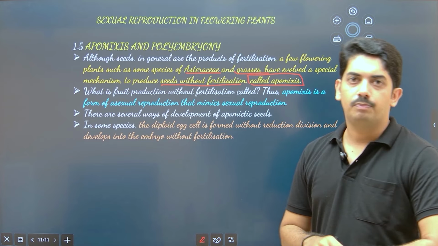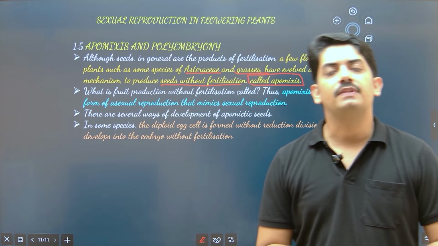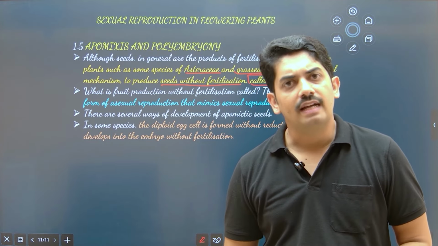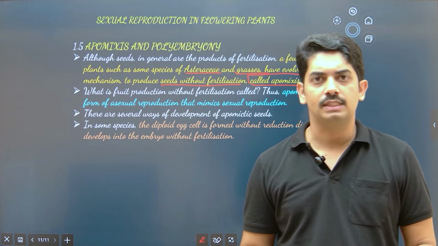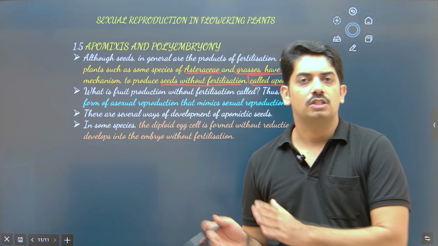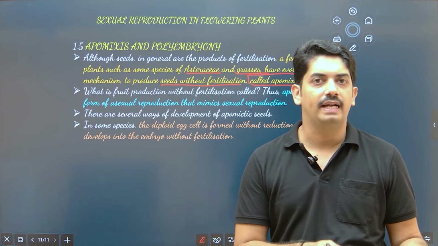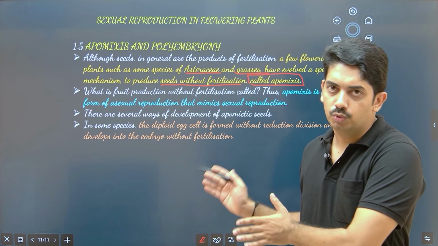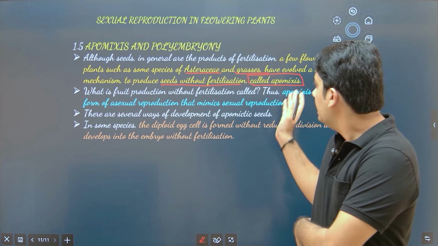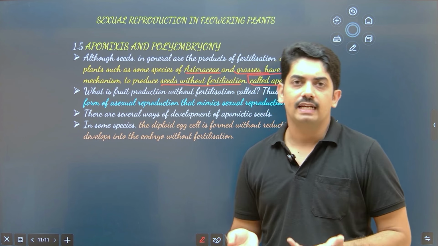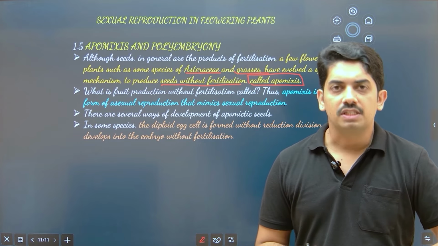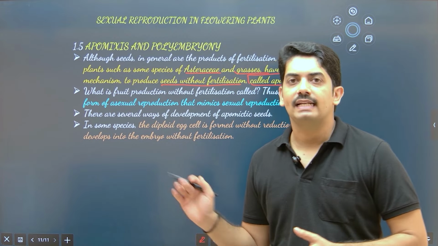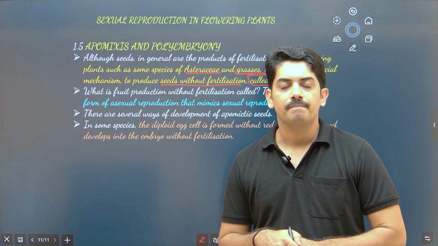Now tell me, if the seeds are produced without fertilization, is this an advantageous process for us? Maybe for some of the plants it is a type of adaptation for survival. For us it's really a boon, because apomictic seeds, if they are available, are just like clones. The offspring produced are exactly similar to their parents.